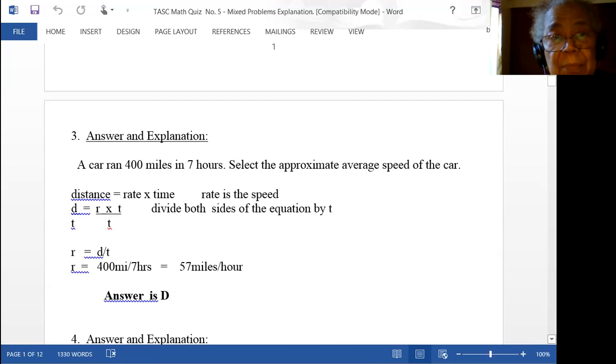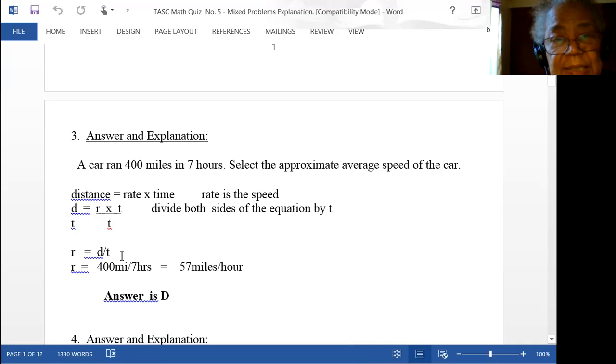Now, problem 3, we're given that the car ran 400 miles in 7 hours. We want to find the average speed of the car. Now, distance is rate times the time. And if we divide both sides by time, where D is distance, R is rate, and T is time, we get what?